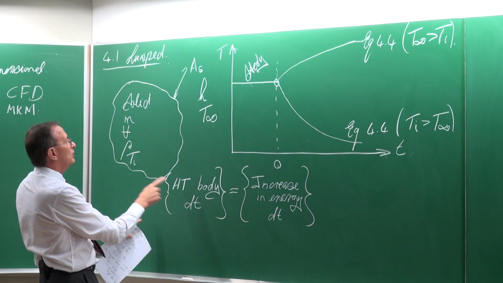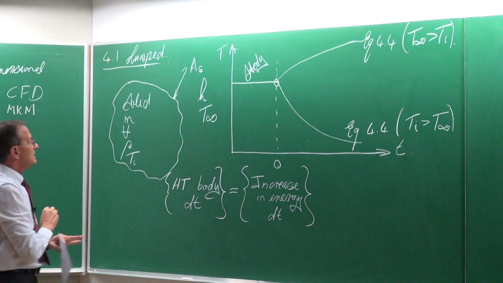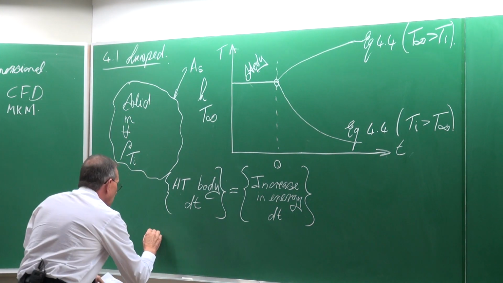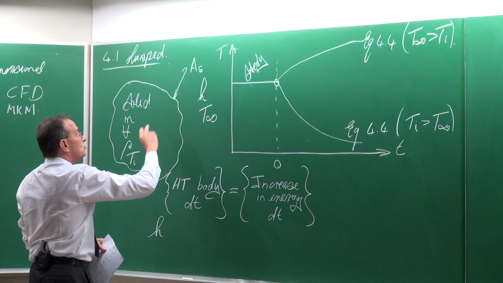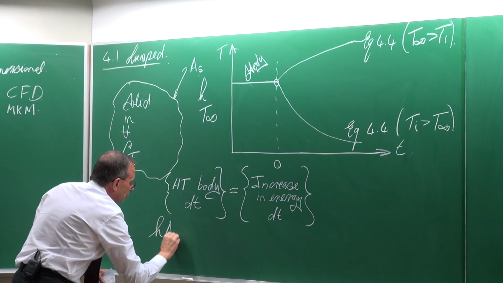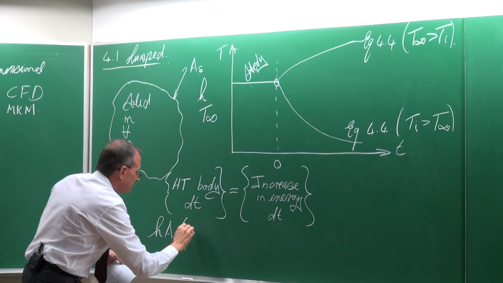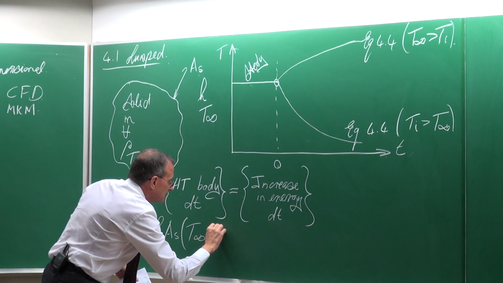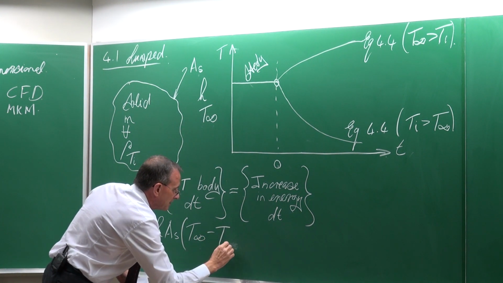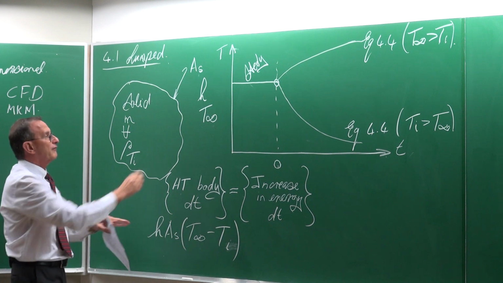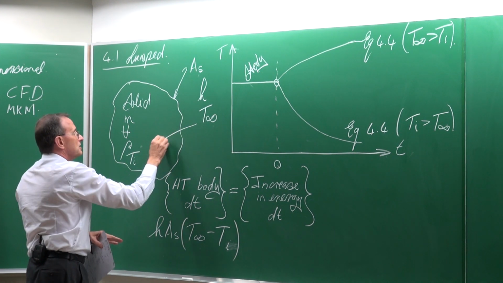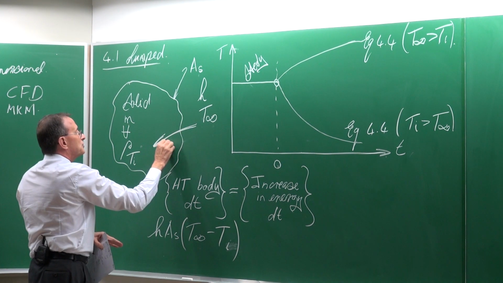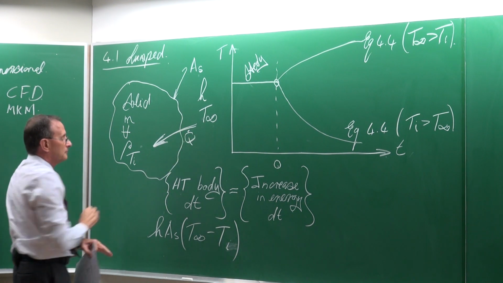The heat transfer going into the body, you've already done convection heat transfer. That would be equal to the heat transfer coefficient multiplied by the surface area and the temperature T environment minus that temperature. So we assume that the heat transfer is in that direction.